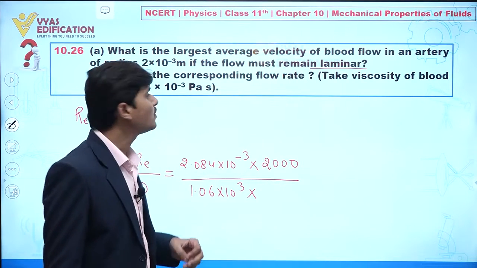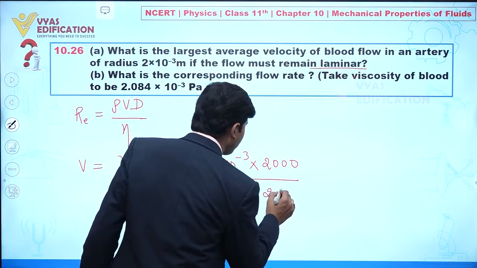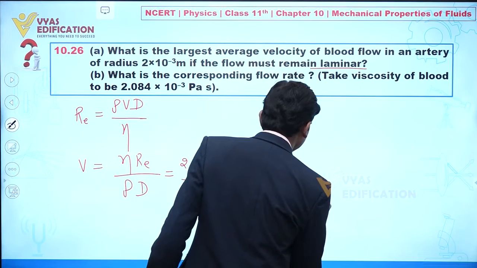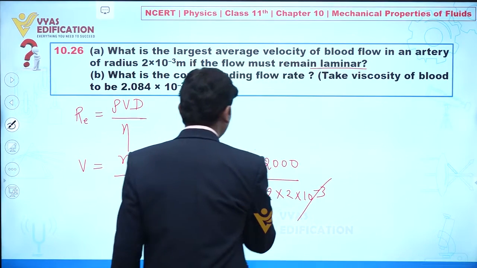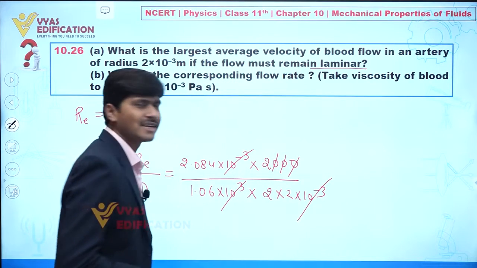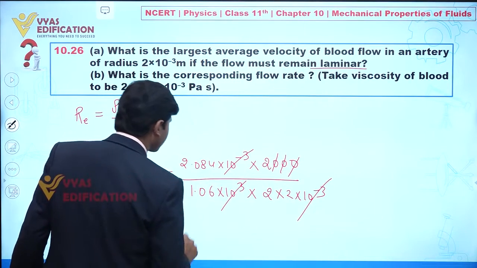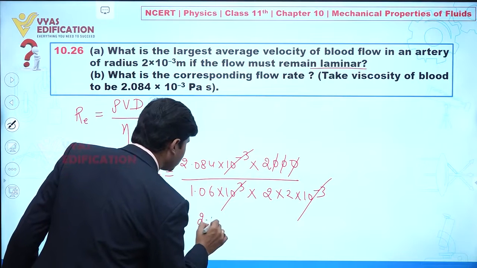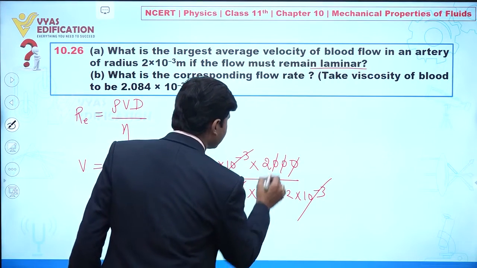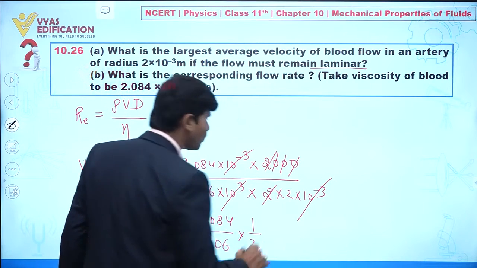This is 2 times the radius, clear? So 2 into 2 into 10 to the power minus 3, clear? We can say this one and this one cancel out, clear? 1, 2, 3 and this one, this also cancels. So from here we can say this is 2.084 divided by 1.06 into, this one and this one cancelled, 1 by 2, clear?